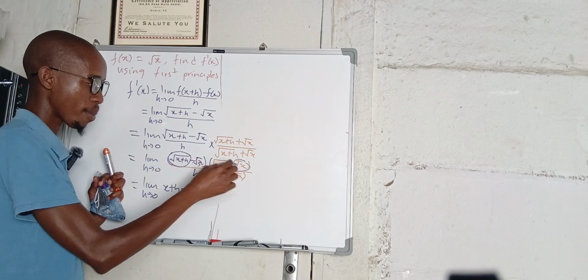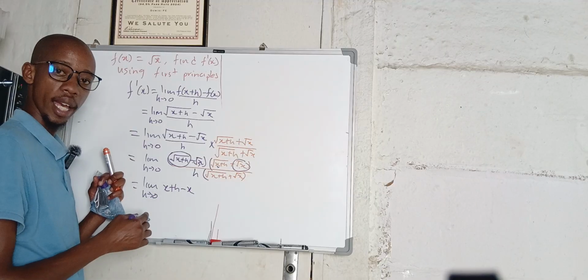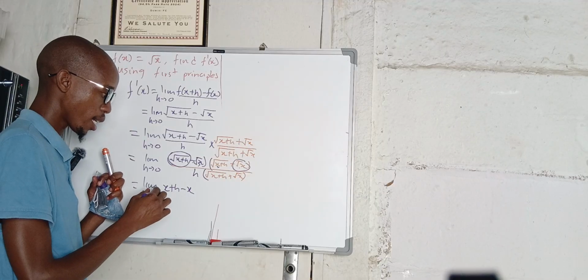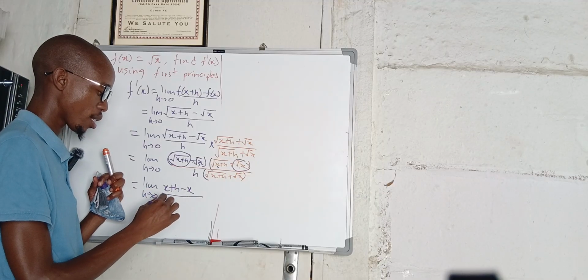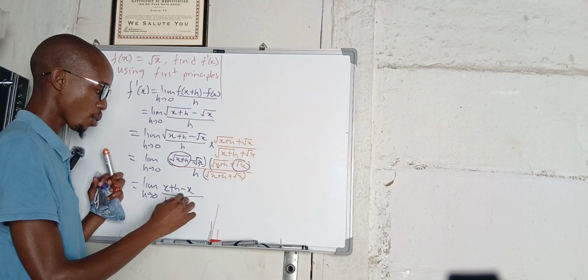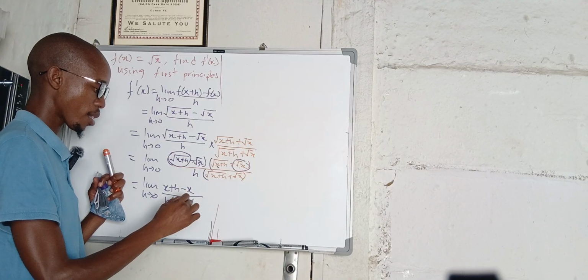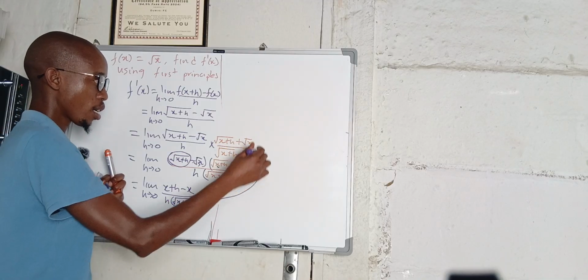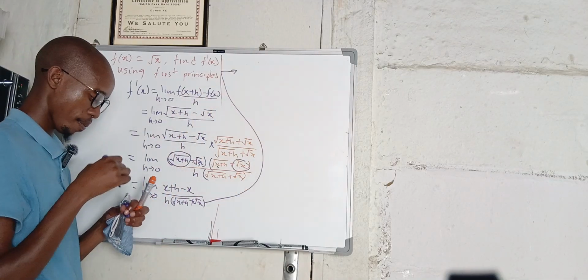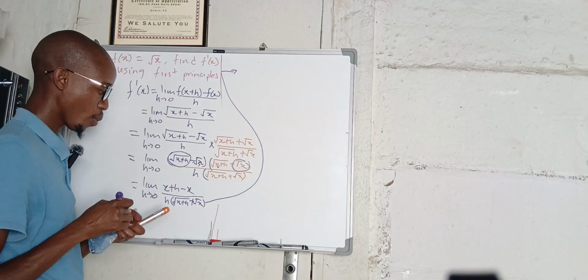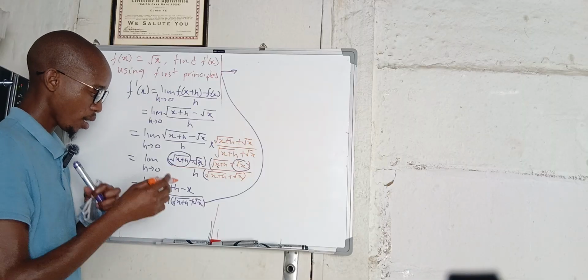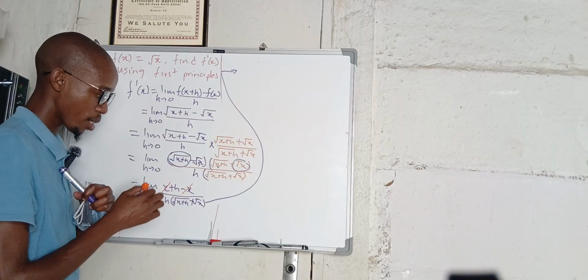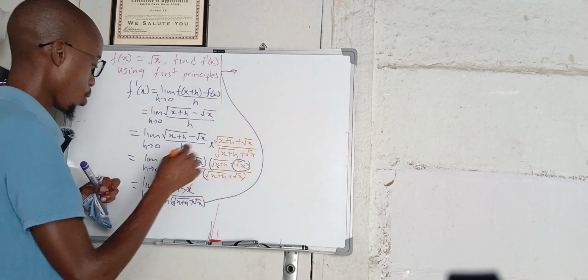Square root of x multiplied by the square root of x is going to give me x. All right. And then in the denominator here, I'm going to keep it as it is: square root of x plus h plus the square root of x. So I'm going to take this thing and write it there. If you can check something, we have negative x and positive x, right?